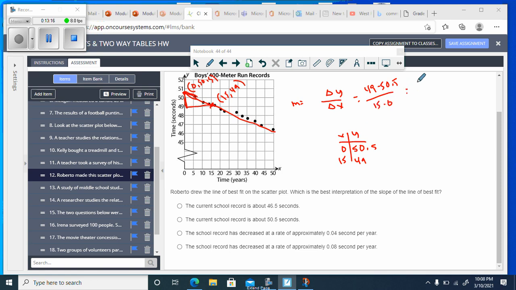That would be negative 1.5 over 15. Okay. Negative 1.5 over 15.